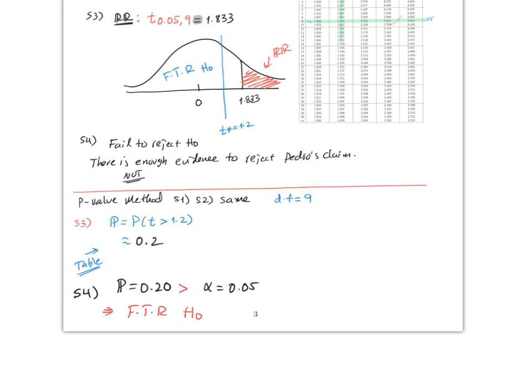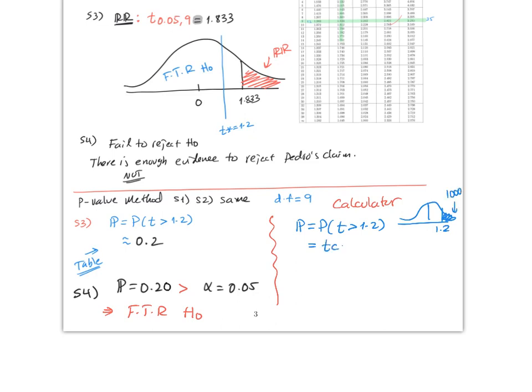That's it. Now if we use the calculator, the p-value is going to be the probability that t is greater than 1.2 again. The lower bound this time is going to be 1.2, and the upper bound is going to be 1,000.